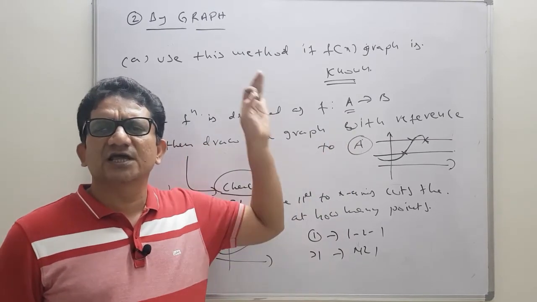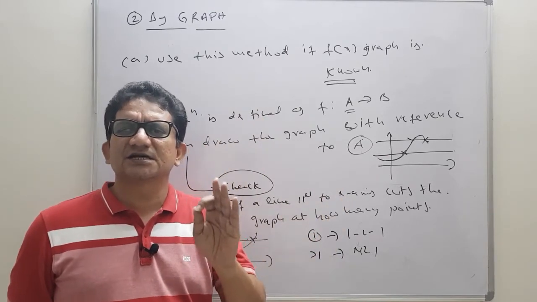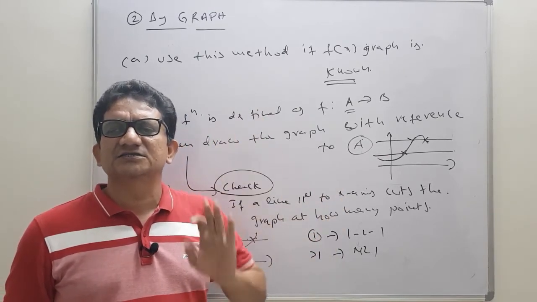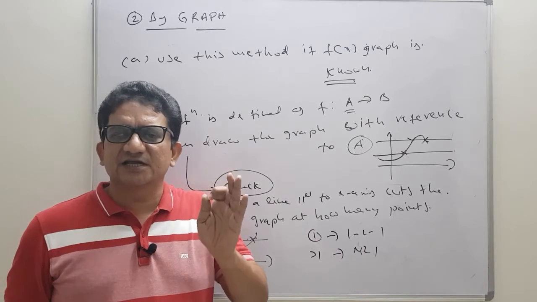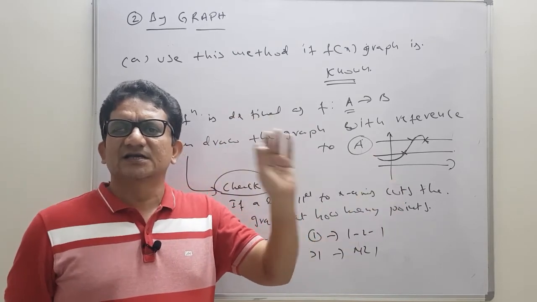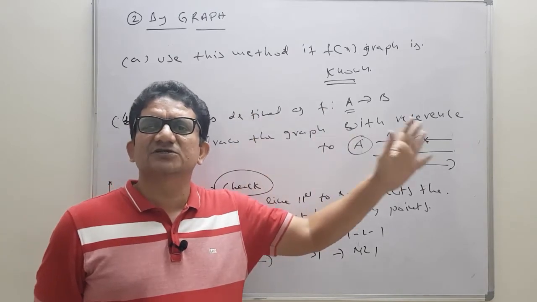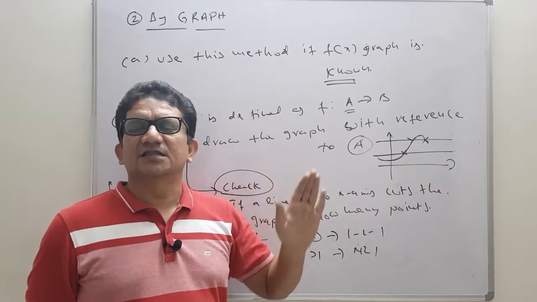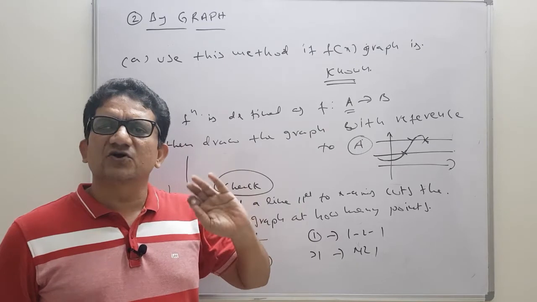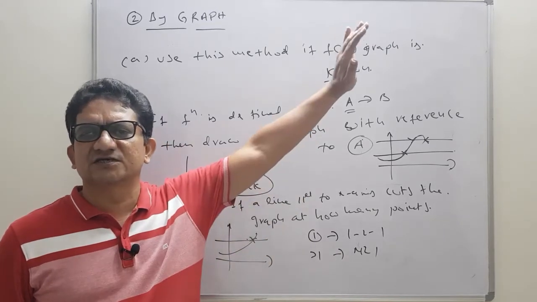Onto or into, in any method, is decided with the help of the range of the function. If the range is a subset of the codomain, then it is into. If the range is exactly equal to the codomain, then the function is onto. We know how to find the range of different functions.